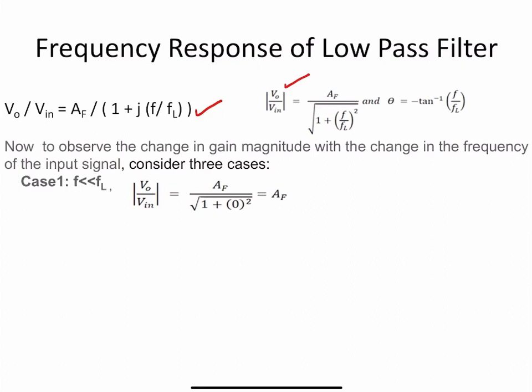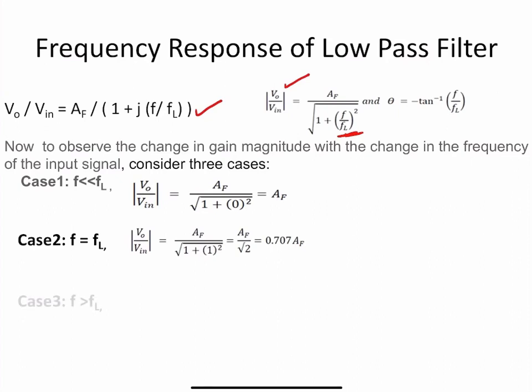Or you can say the magnitude of the filter will be approximately equal to AF, that is the passband gain of the filter. Next case is at f equal to FL. At this frequency, whenever you put f equal to FL in this expression, you will get AF over under root 2, that is 0.707 AF. Or you can say at the cutoff frequency, gain reduces to 0.707 AF.